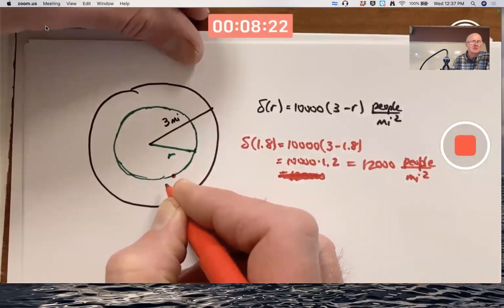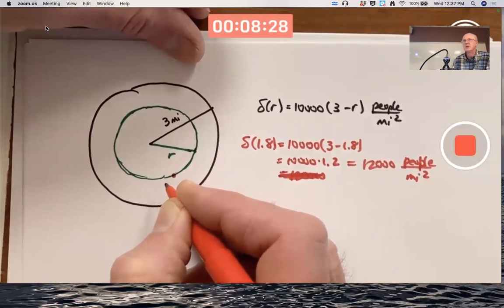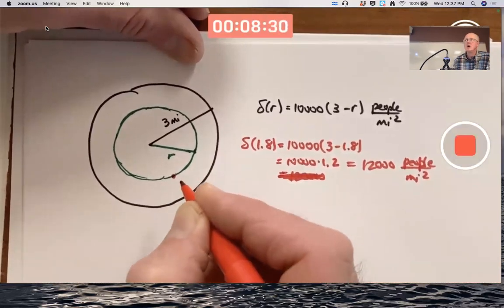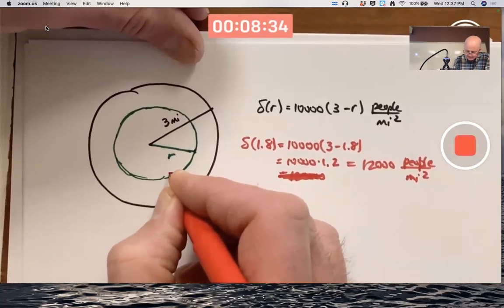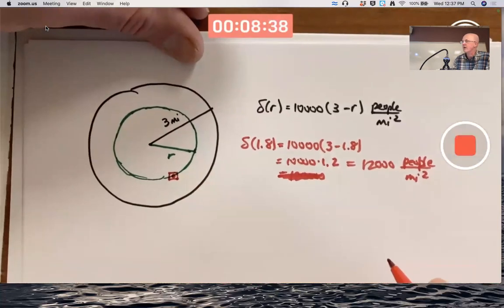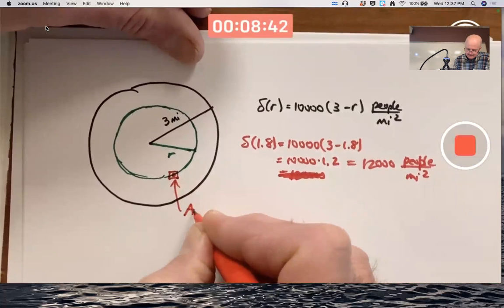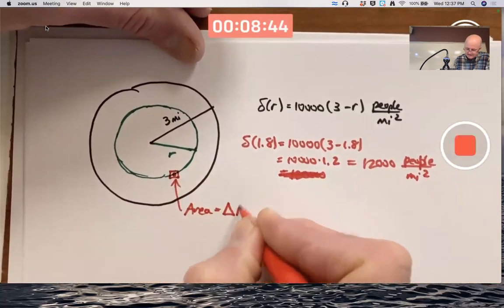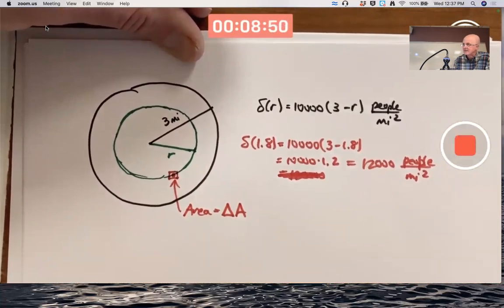Does it have to be a circle, a square, a triangle? It doesn't matter. It could even be a blob shape, as long as it's small. To keep it simple, make it a square, because it's easier to think about areas of squares. Imagine a small square of area, how about we call it delta A, near that point on that circle of radius 1.8.